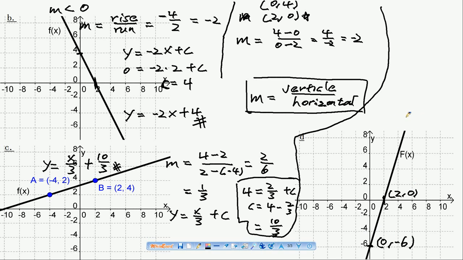The gradient is positive because it goes in the positive direction.